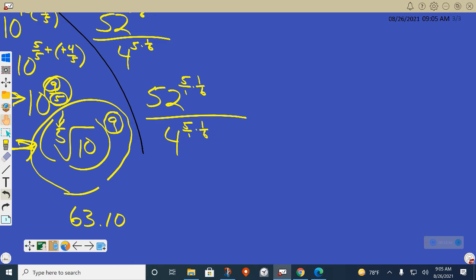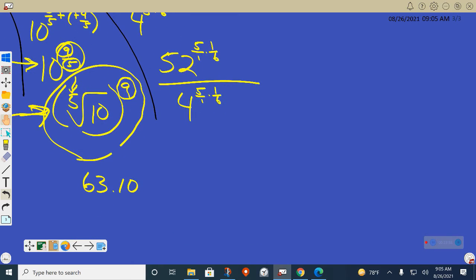Okay, so here we go. So this is 52 to the what power? 5 over 6. Good, to the 5/6 power, over 4 to the 5/6 power.